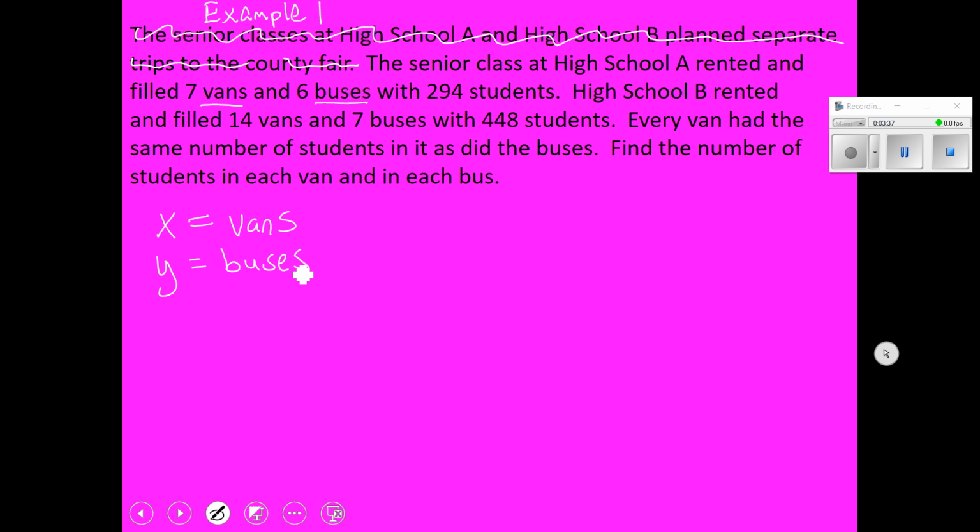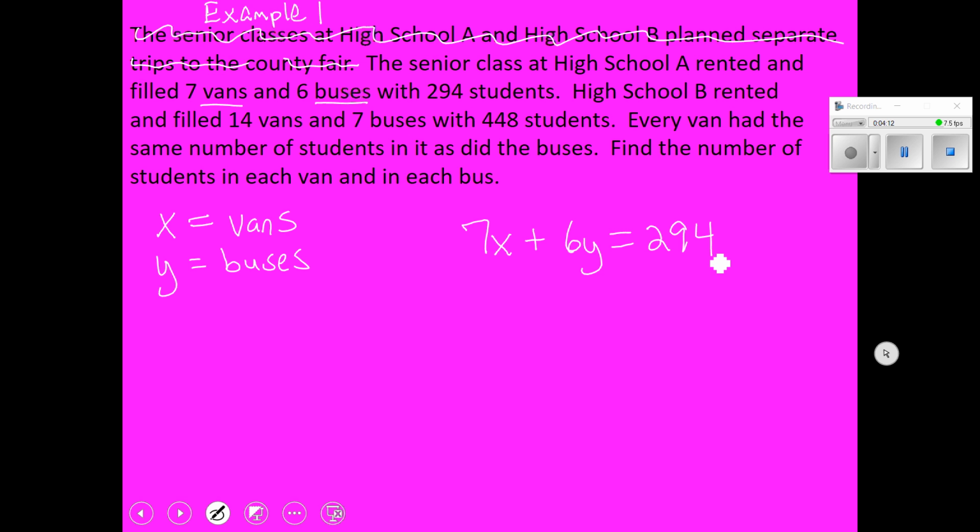So how would I set up 7 vans and 6 buses to equal 294? So let's say 7x, because that's our vans, 7 vans, 7 x's, plus 6 buses, which would be 6y, that is going to equal 294 total.